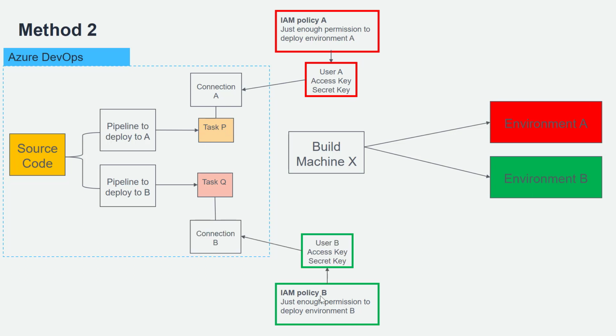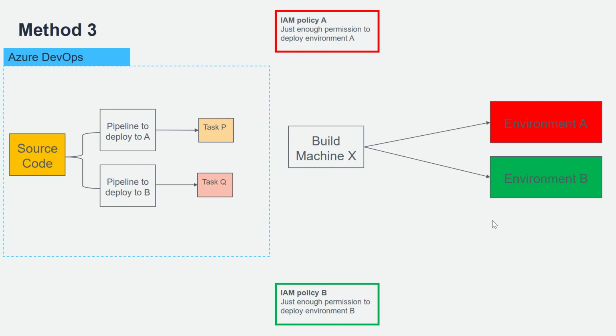Same for the policy B. You create a user with access key and secret key, attach the IAM policy B to the user B, and then create a connection inside Azure DevOps server, and then attach it to task Q. So of course, when you are deploying this, the task P will use the access key and secret key when it is executing, and then deploy into environment A. When the task Q is using, it will use user B with its access key and secret key, which will give access to environment B. So this is another method.